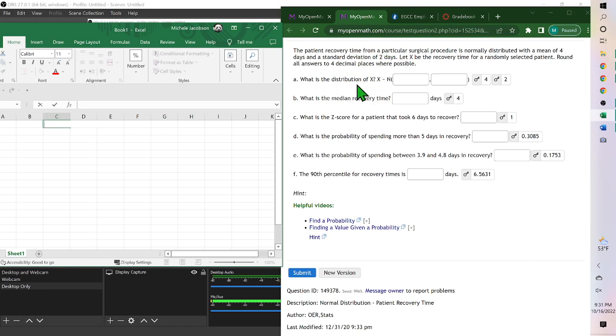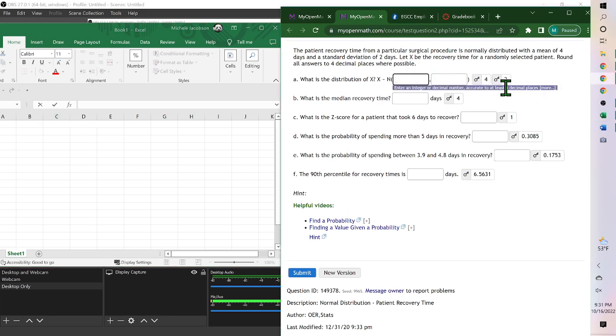So when you're talking about the distribution with a capital X, it's just the mean in the first one, which is 4, and the standard deviation, which is 2. The median recovery time, because they're assuming it's normally distributed, the median is equal to the mean, and they're both 4. What is the z-score for a patient that took 6 days to recover?